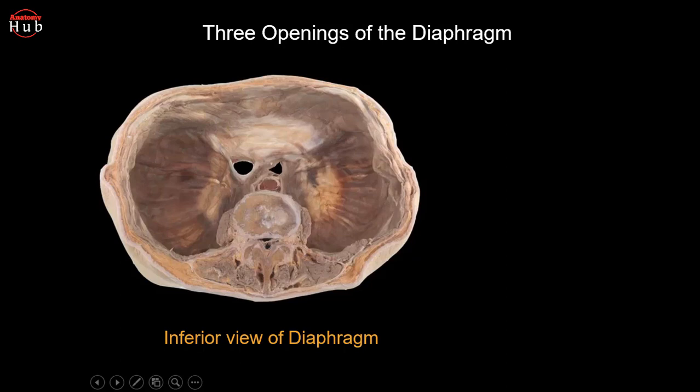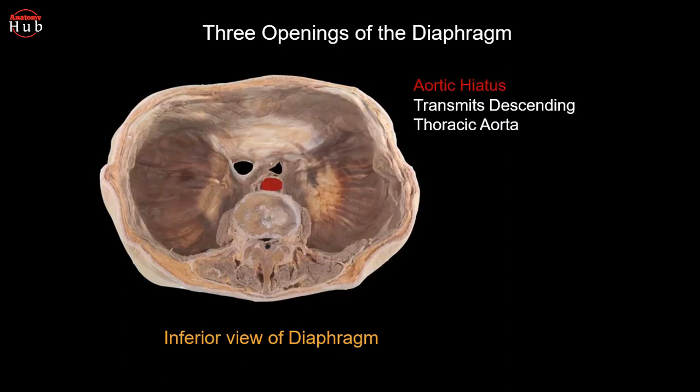Here we see one of the openings, present posteriorly, nearer to the vertebral body, and it allows the descending thoracic aorta to pass through. That is your aortic hiatus.